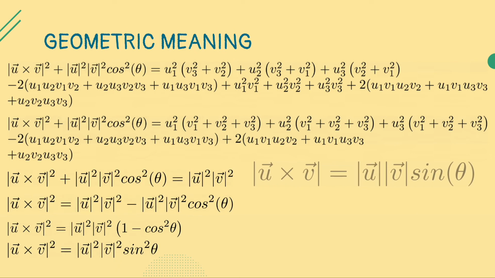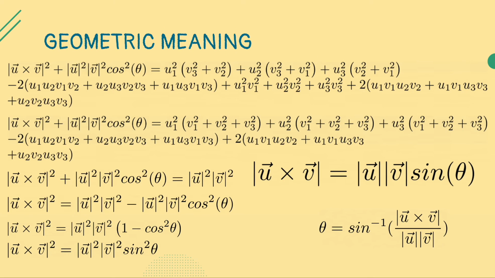Then I can, of course, take the square root of both sides to arrive at the geometric definition for the cross product: the magnitude of the vector u crossed with the vector v is equal to the magnitude of the vector u times the magnitude of the vector v sine of theta. Now, of course, this can be used to find the angle between two vectors, u and v, given their cross product and their magnitudes as well, using the following formula if we were to manipulate it like so.